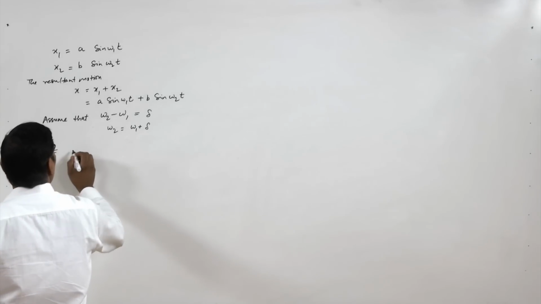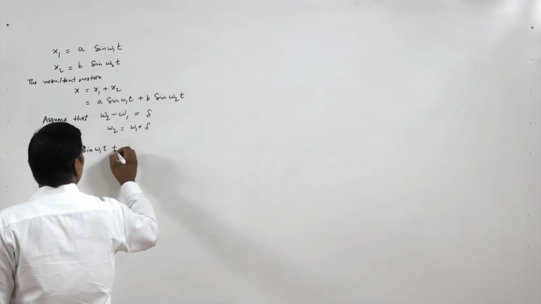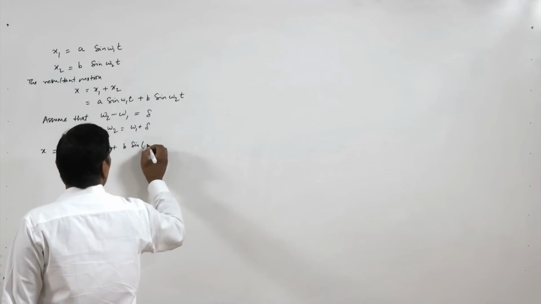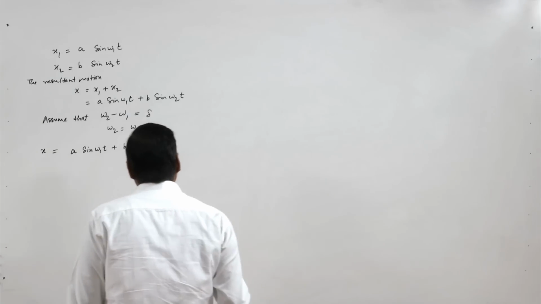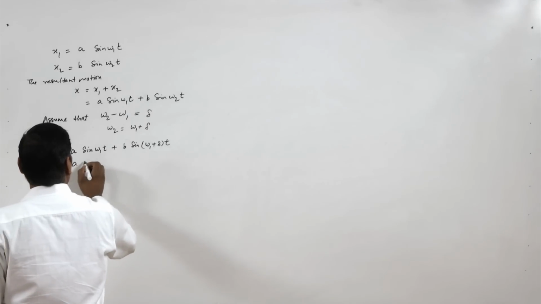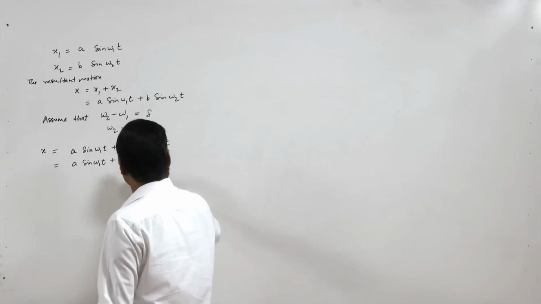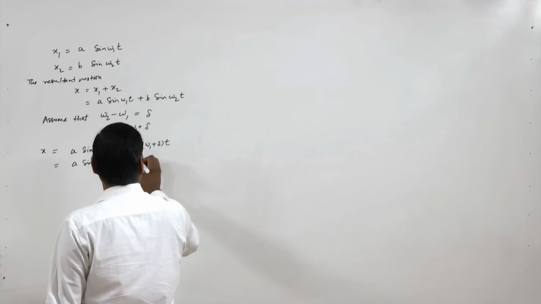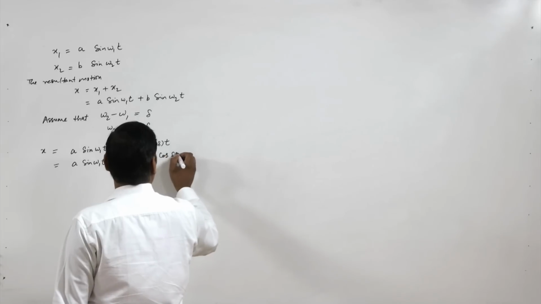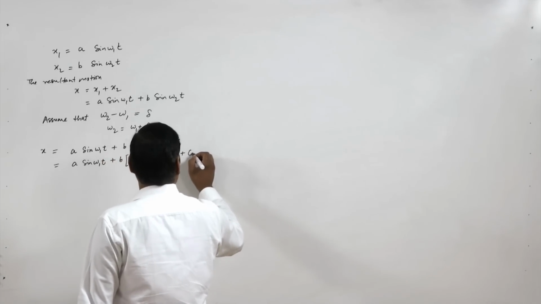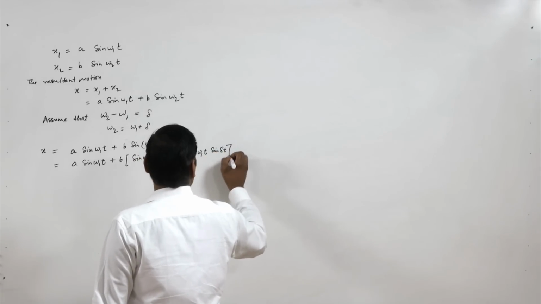Then we write x equal to a sin omega 1 t plus b sin (omega 1 plus delta) t, equal to a sin omega 1 t plus b sin(a plus b), so we will open it. So sin omega 1 t cos delta t plus cos omega 1 t sin delta t.